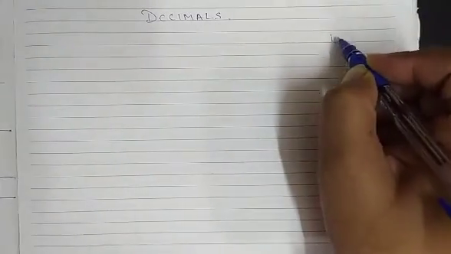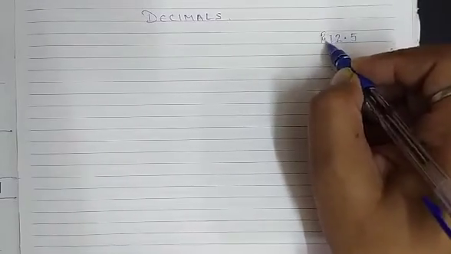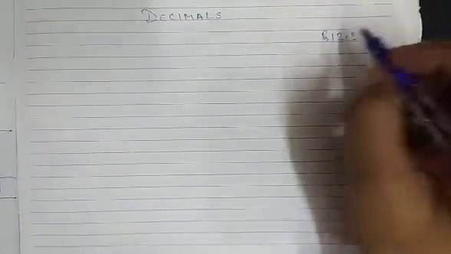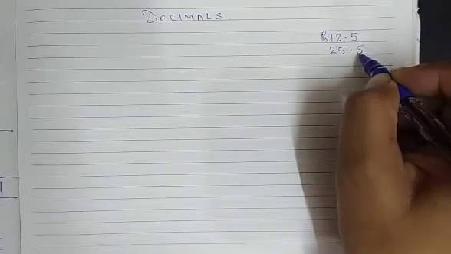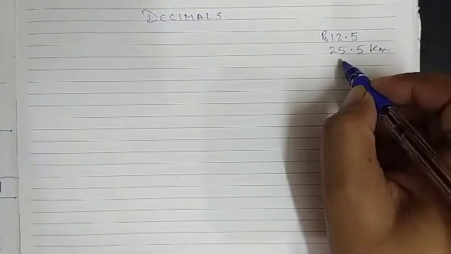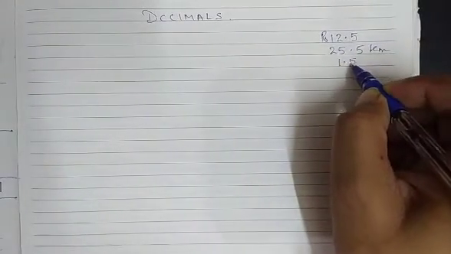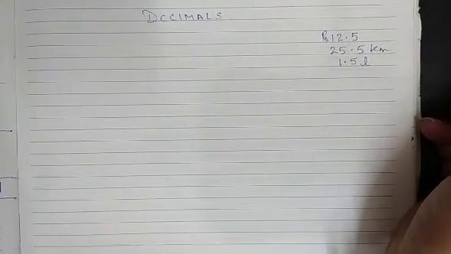For example, if I say that I have 12.5 rupees, I had covered a distance of 25.5 kilometer, I need 1.5 liter of milk. Right?